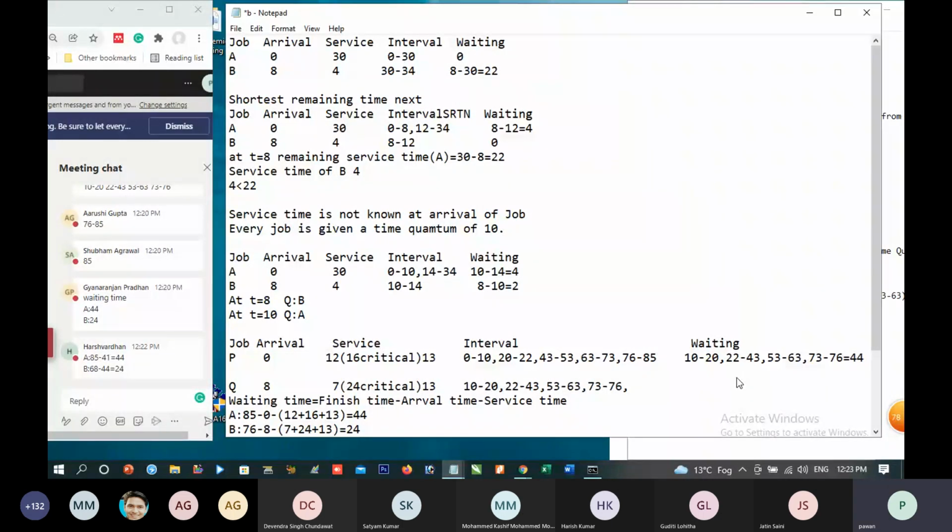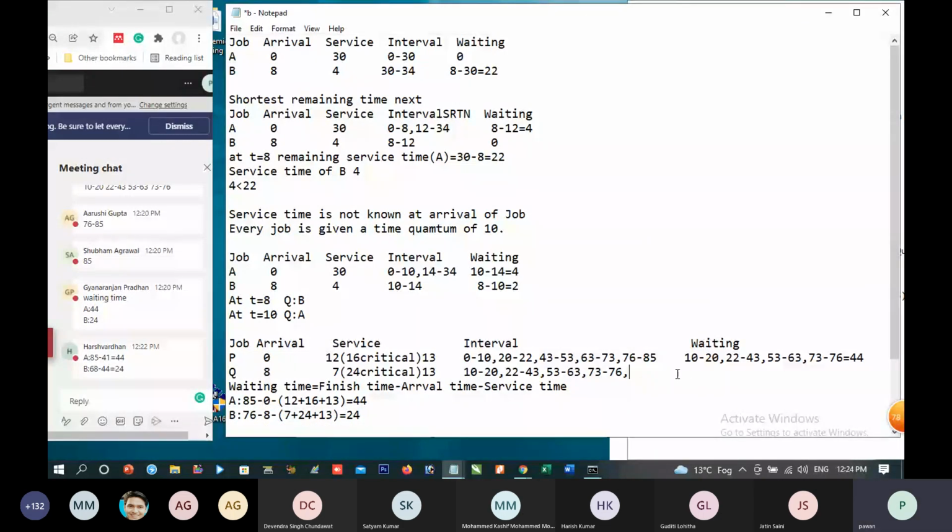And when was Q waiting? Q was waiting from 8 to 10. Then 20 to 22. 43 to 53. 63 to 73. So 2 plus 2, 4, and 10, it is 24. Okay, fine.